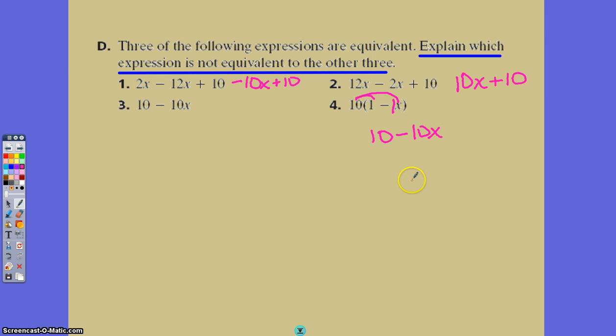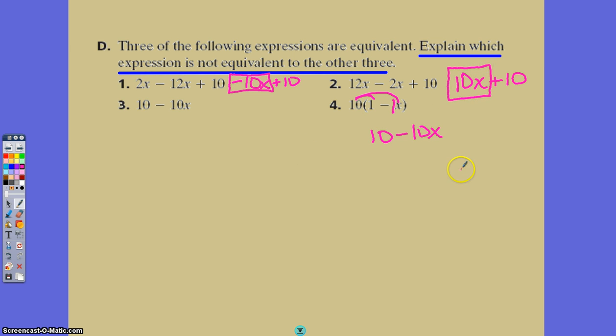So now, which of those are not equal to each other? Well, it's kind of confusing because some of them look alike and some of them don't. We need to remember that the sign in front of a number always goes with it. So we have -10 x's right here. Here we have positive 10 x's.